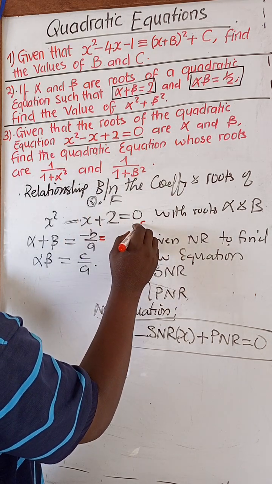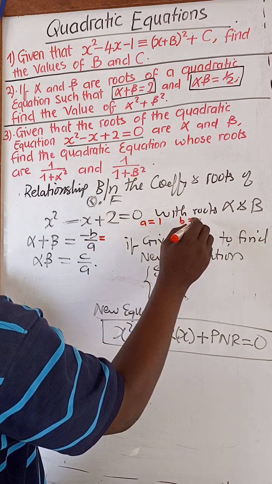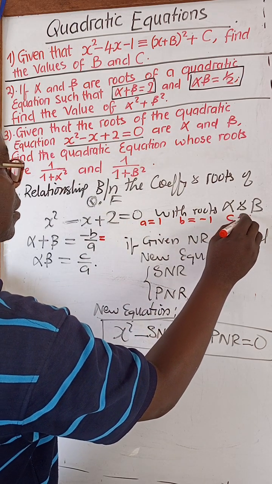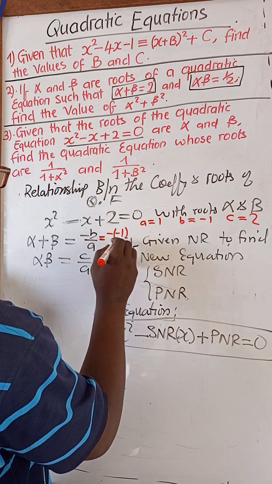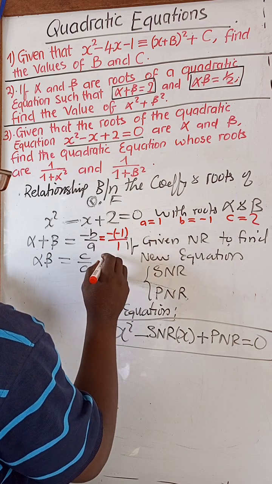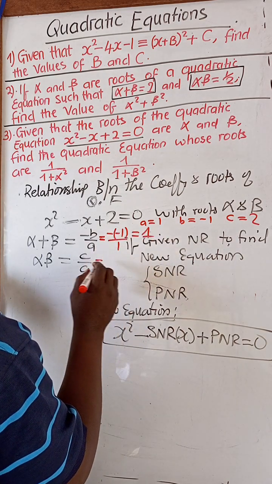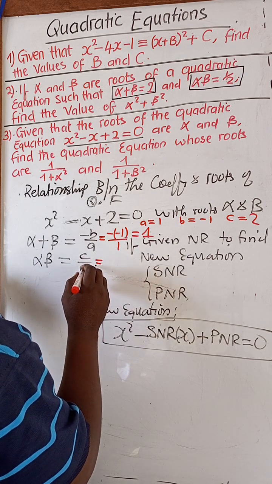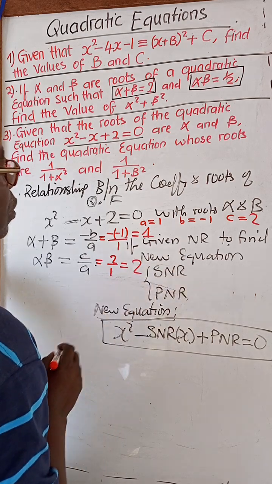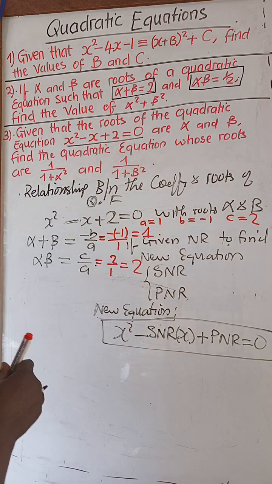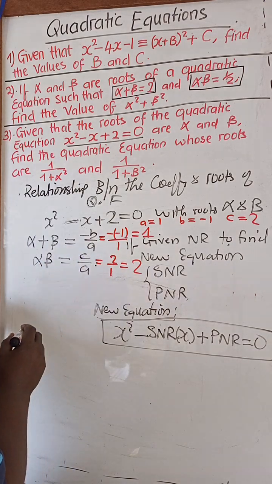Here our a is 1, our b is minus 1, and our c is 2. So this will give us minus of minus 1 all over 1, which is 1. And then alpha beta is c all over a. Our c is 2 all over 1, which is 2. So we have the two values for the sum and the product.